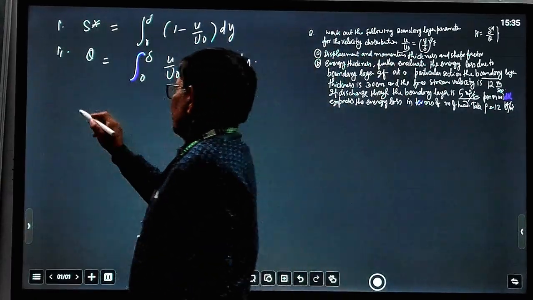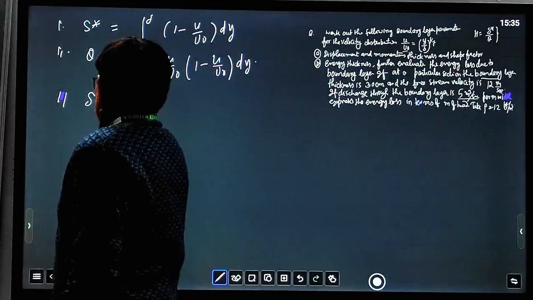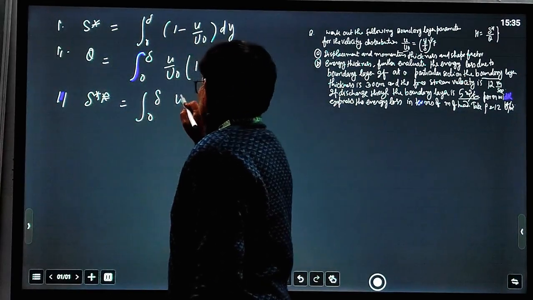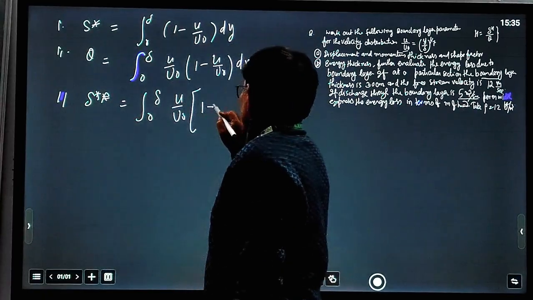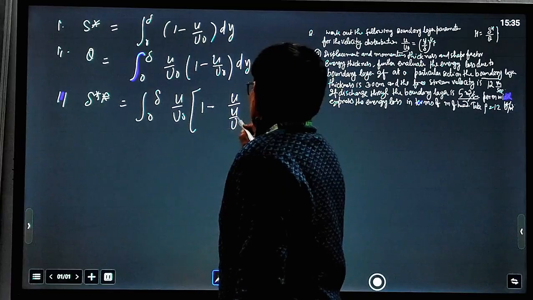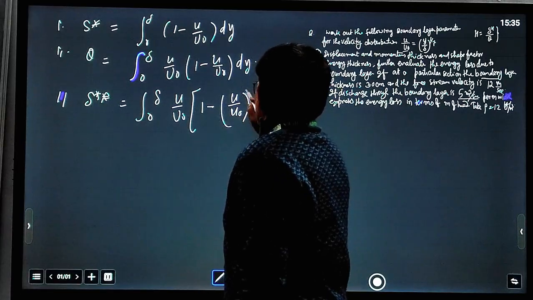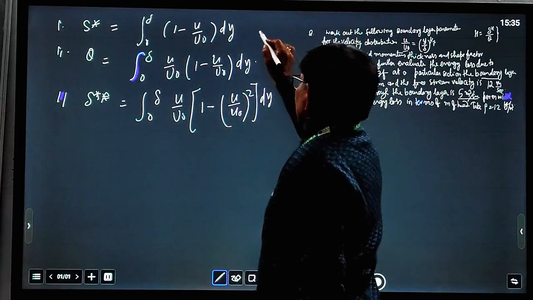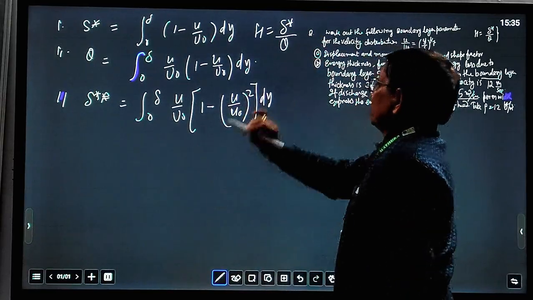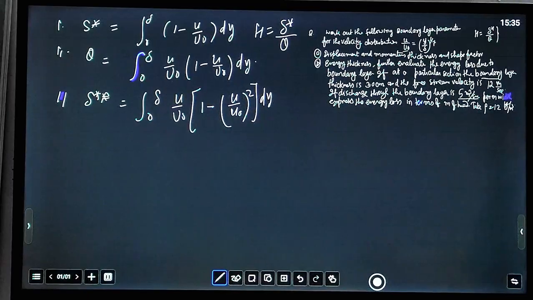And third, we have to calculate the energy thickness, equal to integration 0 to del of u by u naught times 1 minus u by u naught whole squared, dy. These are the equations, and H equals displacement thickness upon momentum thickness. So these are the parameters we have to find out.